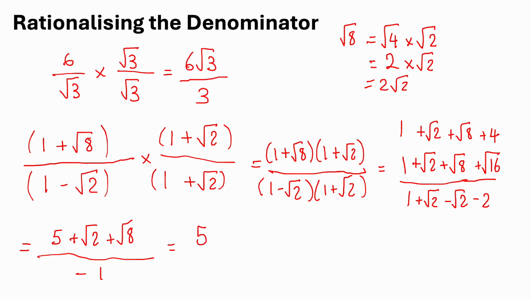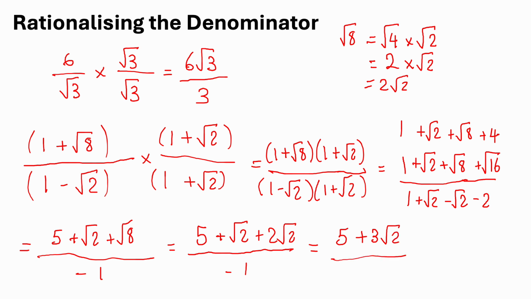So we've got 5 plus root 2 plus 2 root 2. So now we can collect the terms here, because root 2 and 2 root 2 are like terms. Why? Because they've got the root 2 there. So root 2 plus 2 root 2 is going to be 3 root 2. So then we're left off with 5 plus 3 root 2 over minus 1.